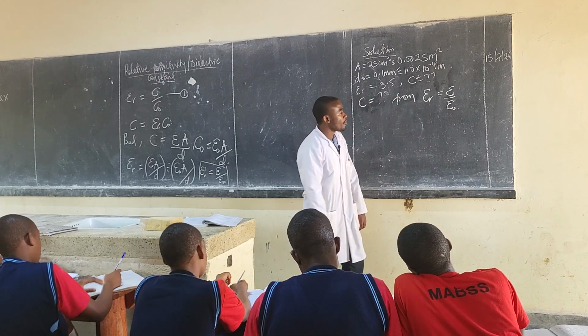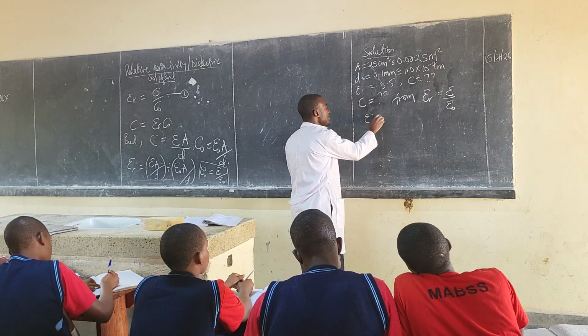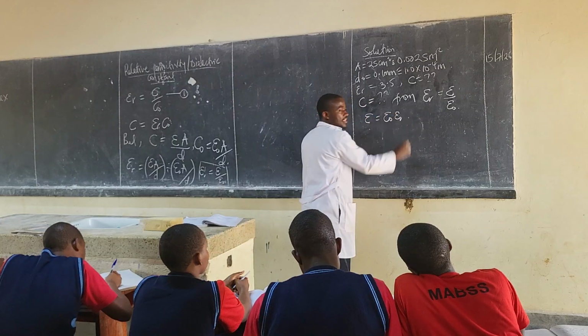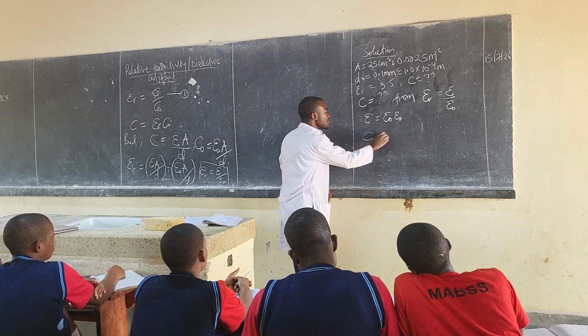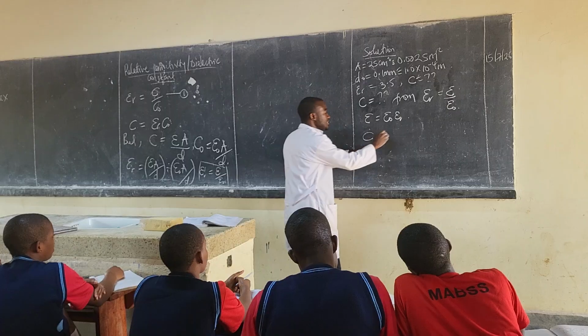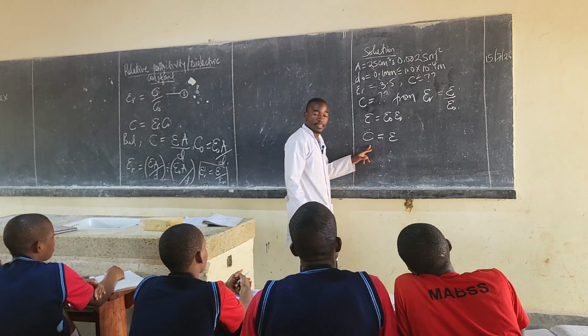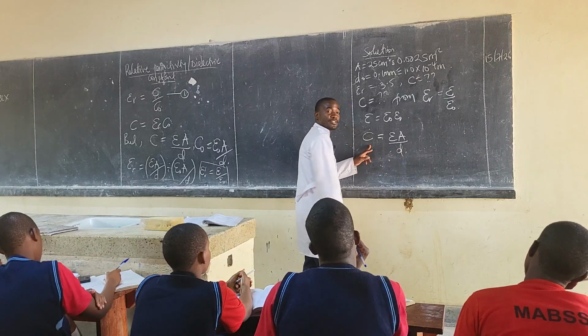We can get the permittivity of the medium, which is E equals E naught ER. So the permittivity that we substitute in the equation for the capacitance is epsilon times area divided by separation.